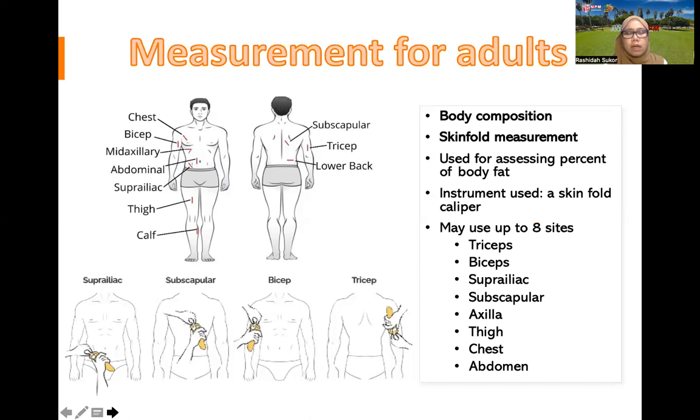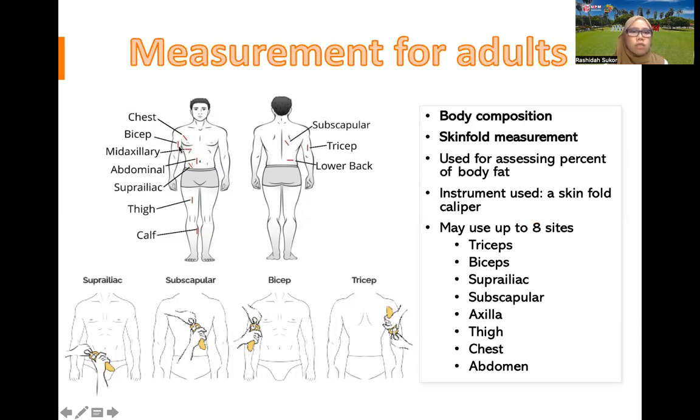How to measure body composition? Normally they measure using skin fold measurement. This is used for assessing percent body fat with a skin fold caliper. So where to measure? This is the picture of where to measure.